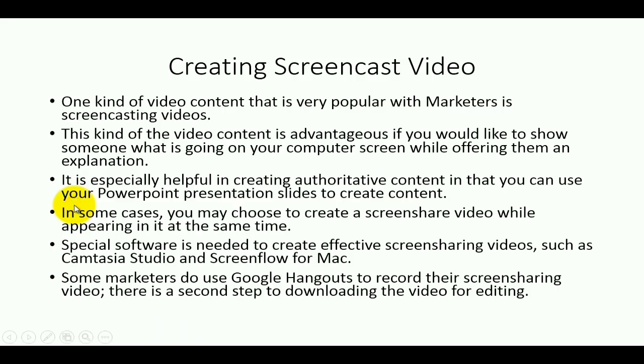Now, one thing to be aware of is that some marketers are actually using Google Hangouts to record their screen sharing videos. When you do that, though, what you need to be aware of is that there is a second step. You are going to need to download that video from YouTube, and then you'll need to edit it either in YouTube or in some other program. But the screen sharing function is available inside of Google Hangouts.